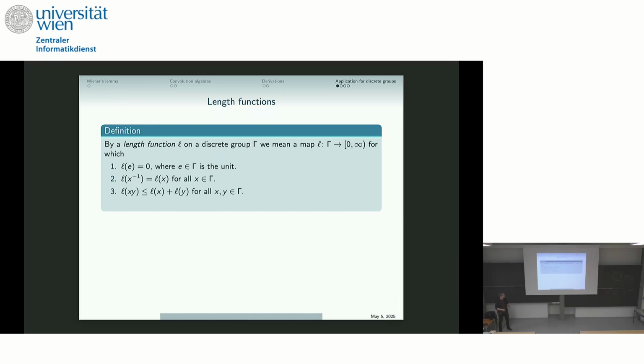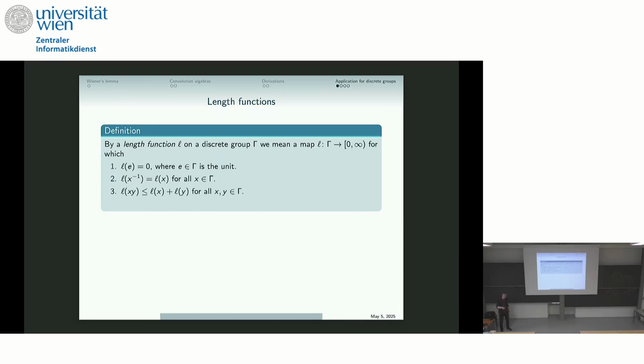Okay, that's a requirement. I want to respect inverses. This has to do with the star algebra properties. I want to respect inverses in the sense that x and x inverse are sent to the same number for every x. I also want to interact nicely with products. So I'm going to require that L of xy is bounded by L of x plus L of y for all x and y in gamma.